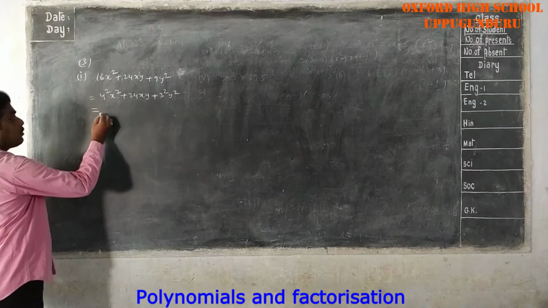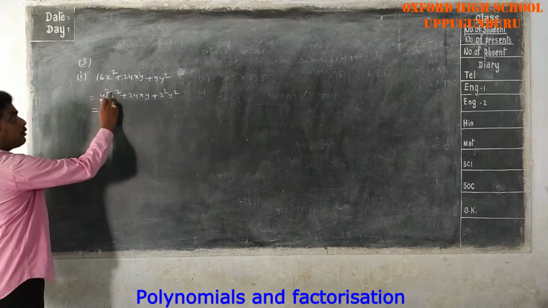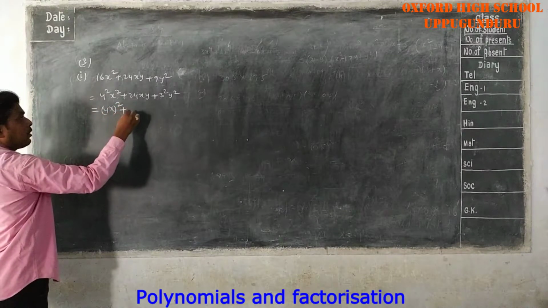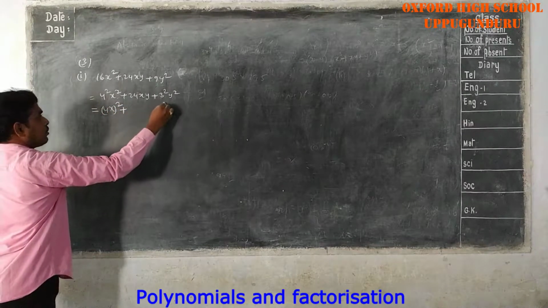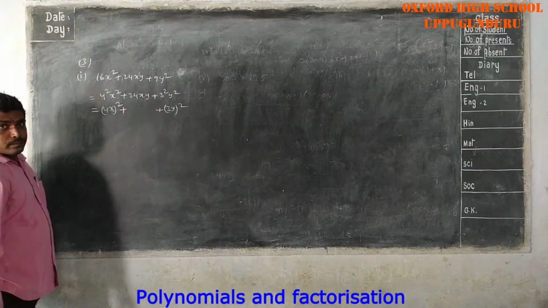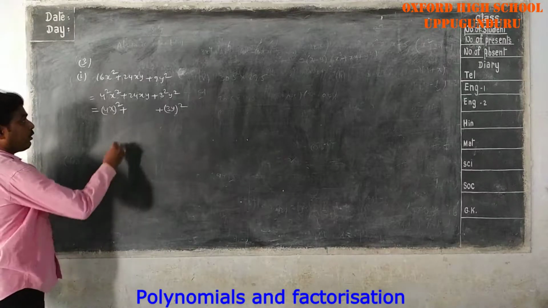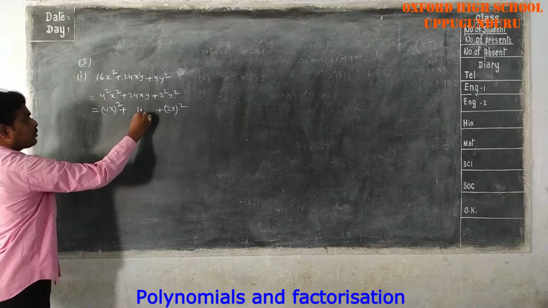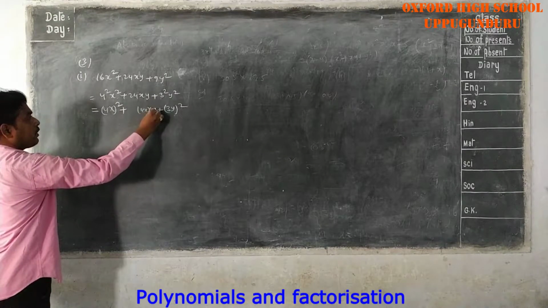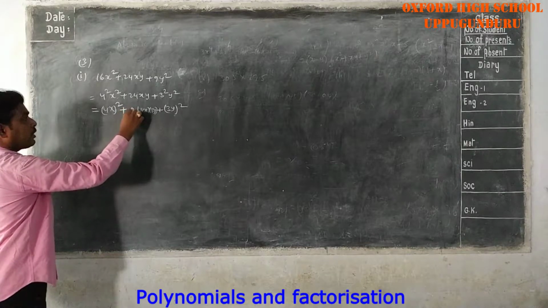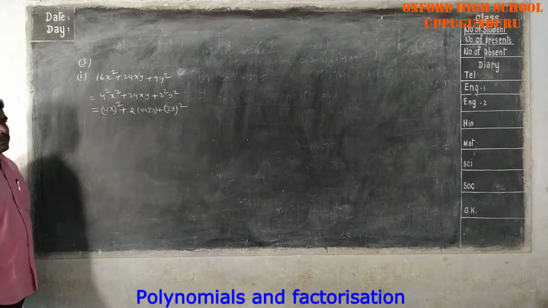So this is equal to these two having square: 4x whole square plus 3y whole square. So how can you split the middle term? This middle term you can split as 4x into 3y. 4 3s are 12xy. Here 2 is there. This you can write as 2 of 4x into 3y.